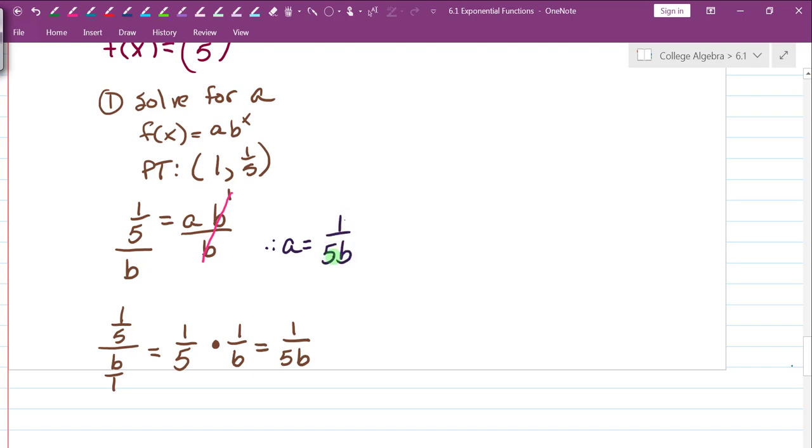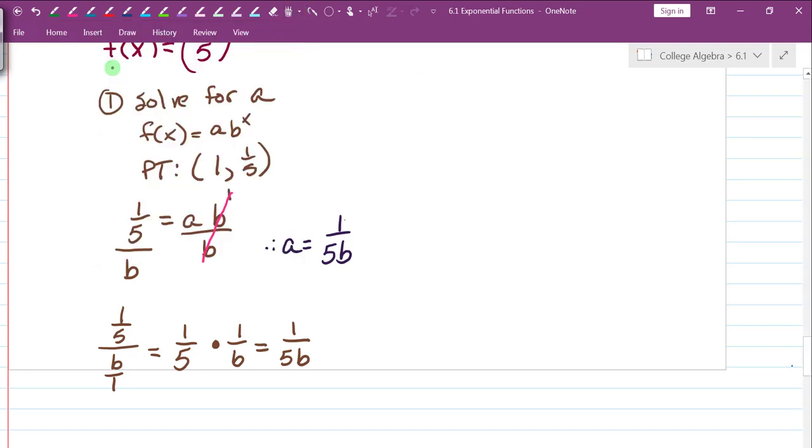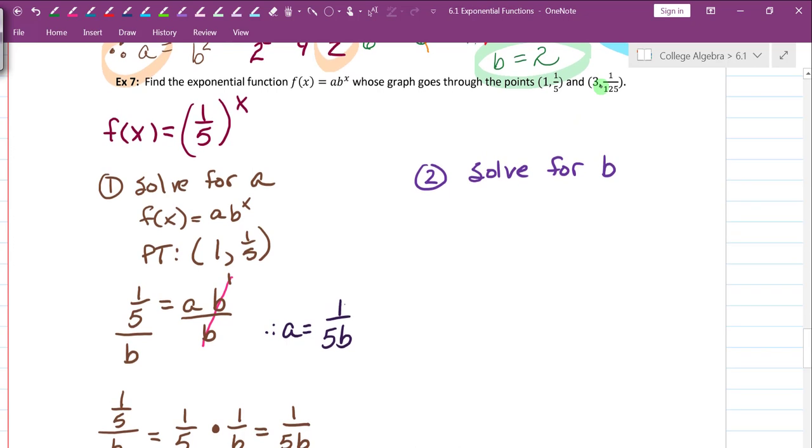Now, part 2, solve for b. Now, we're going to have the same format. It's f of x is equal to ab to the x. I'm going to use my second point right here.